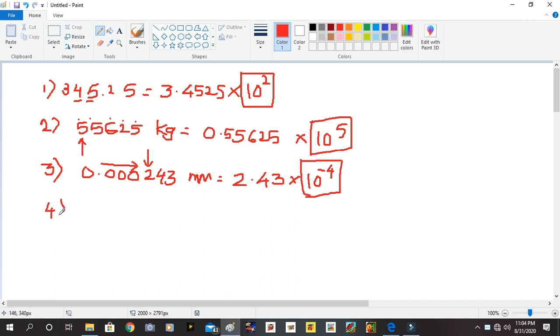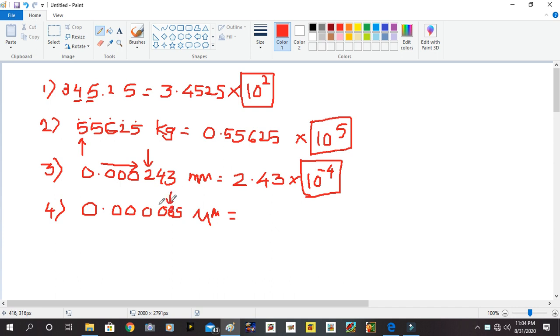Suppose here, if I have another number, 0.0000085. Now, suppose it is something in micrometers. Then if I want to write the order of magnitude, the first non-zero digit is 8 here.